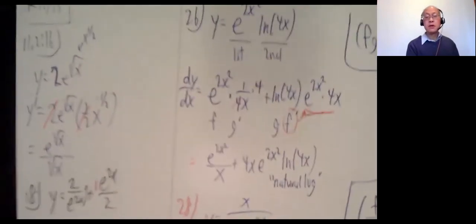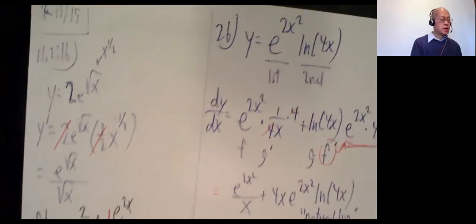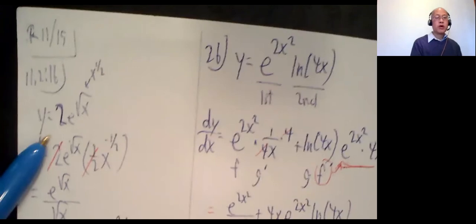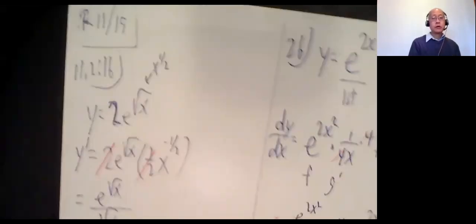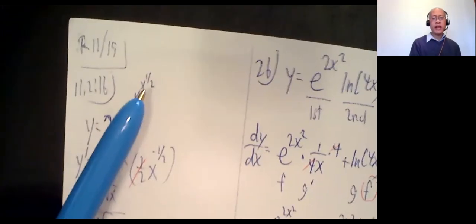Okay, so where did I just leave off? 14, so 16. See how far I want to go here. Okay, similar theme. Y equals 2e to the radical x. So treat this as x to the 1/2 power, right?